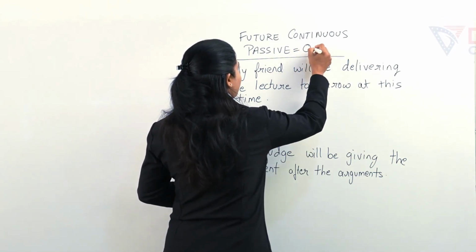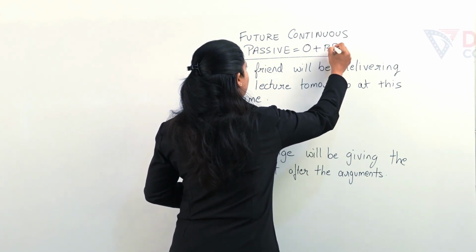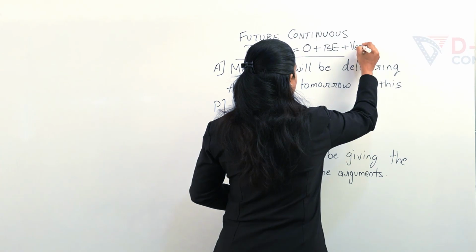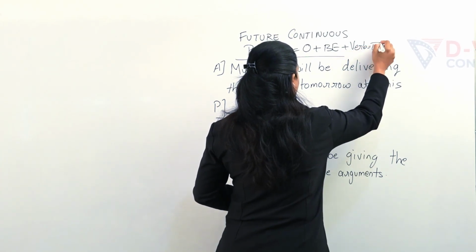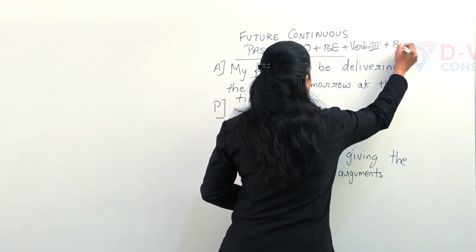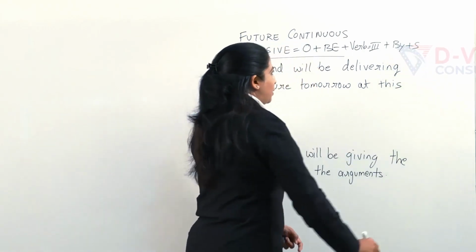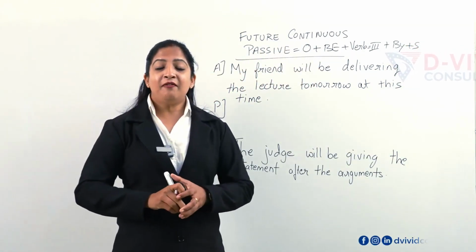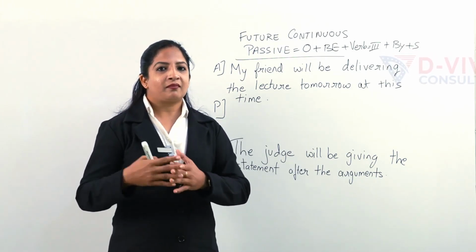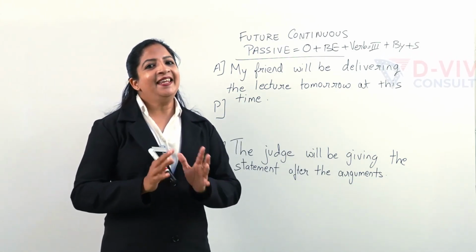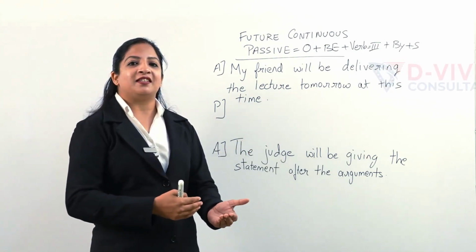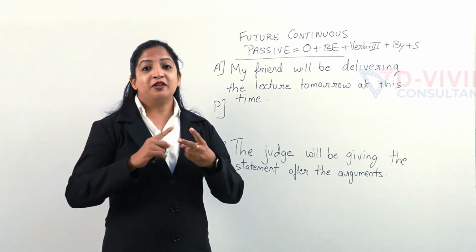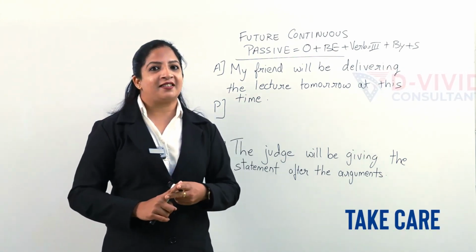We have the object, then we have the form of be, followed by the verb third form, then by and the subject at the end. So whenever you are converting any active into passive, as I say, I'm repeating again, you should take care of two factors.